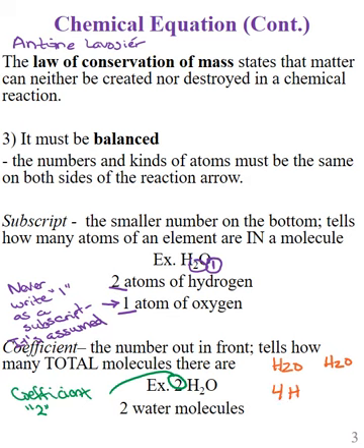Now, if you don't want to write it out, you can say 2 for the coefficient times the subscript, which is 2. Now for oxygen, how many oxygens are there? There would be 2, because you take the coefficient, 2, times the subscript, which is 1.